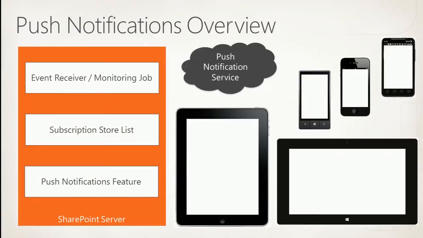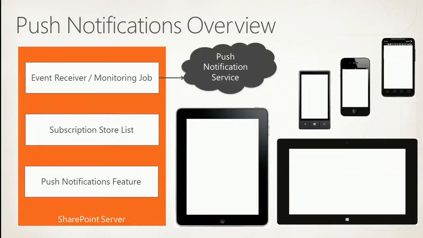So inside of an event receiver, you can have your developers write the code to query the subscription store list and say, who's signed up? Who wants to know when something has changed? Return that list of devices, and then basically run the code to call out to the notification services Microsoft provides to send that notification out to that particular device.